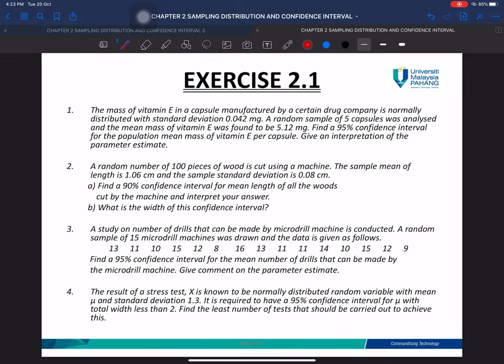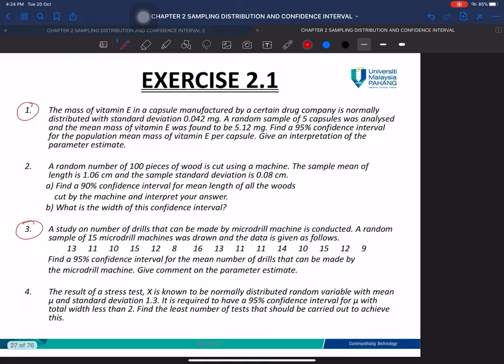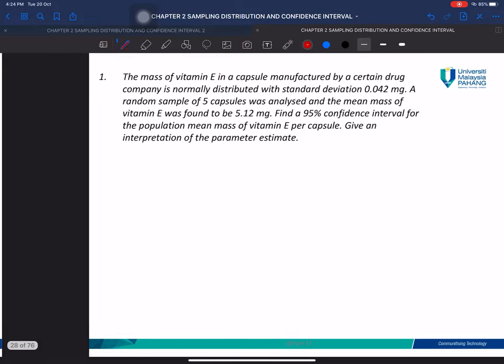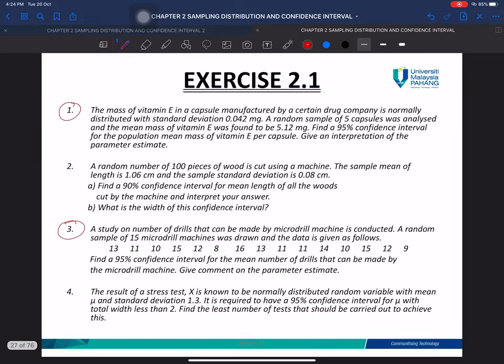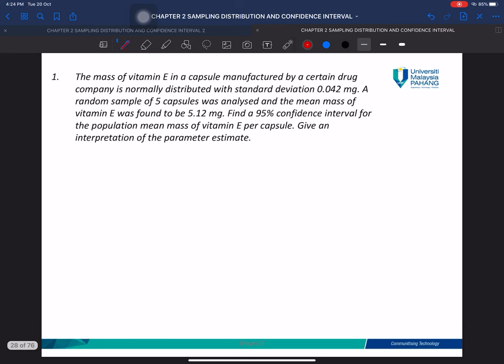So exercise 2.1, I will discuss number 1 here and also number 3 here. Okay, number 1.